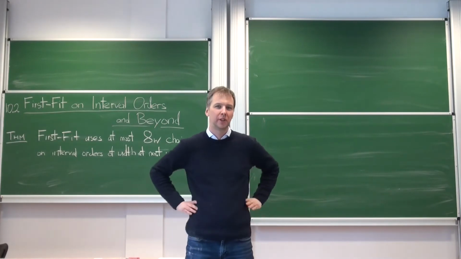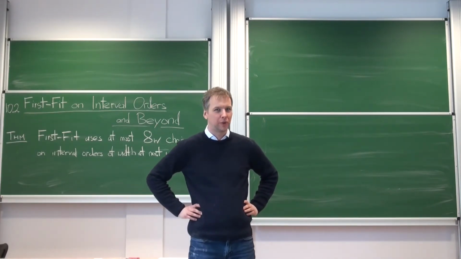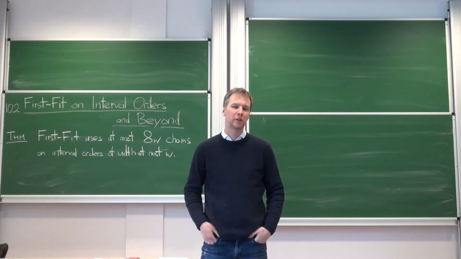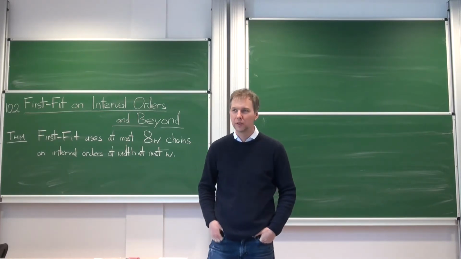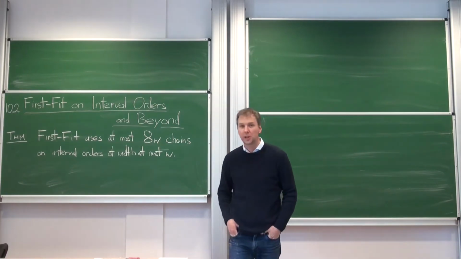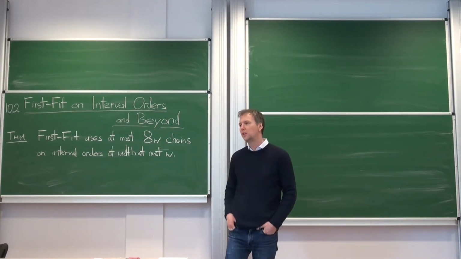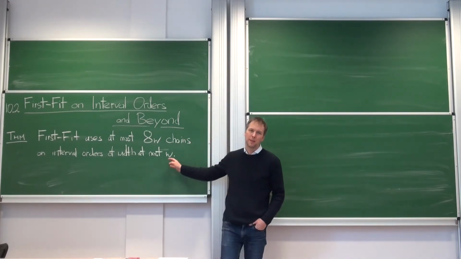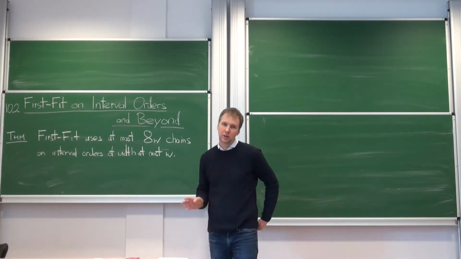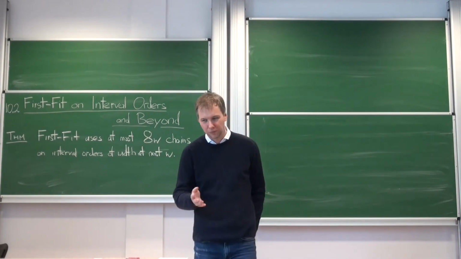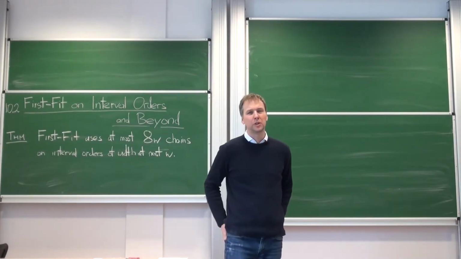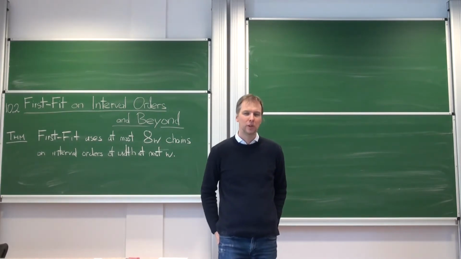Now we're going to see the best known bound for first fit working on a collection of intervals. So first fit uses at most 8w chains on interval orders of width w. And we're going to do that not only because this is the best known. There's a number of incremental results on this topic.